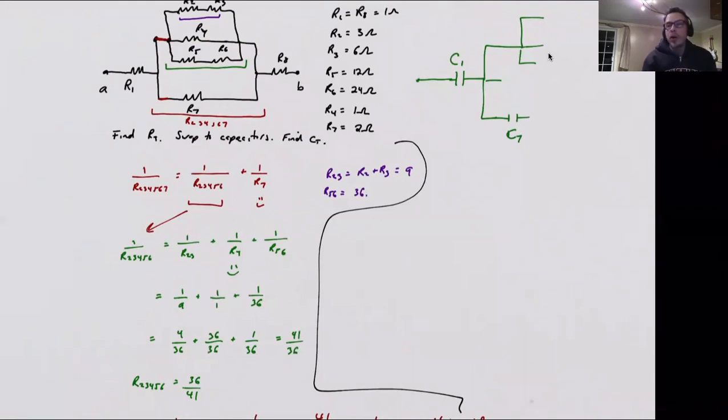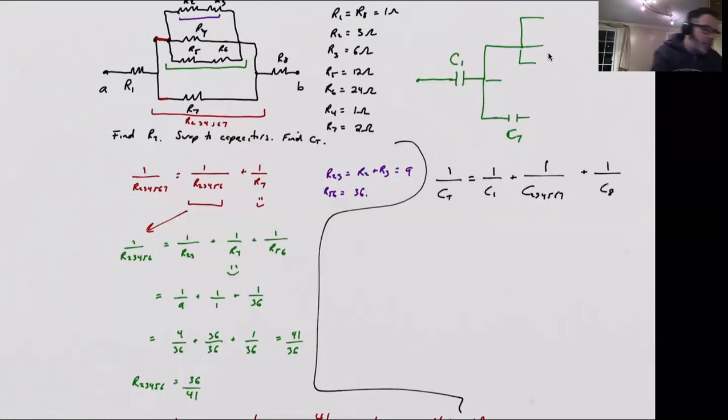The first thing that happens is that we have C1 in series with C2,3,4,5,6,7, in series with C8, okay? So if that's the case, then we can write out the schematic in black. 1 over C total is 1 over C1 plus 1 over C2,3,4,5,6,7 plus 1 over C8.